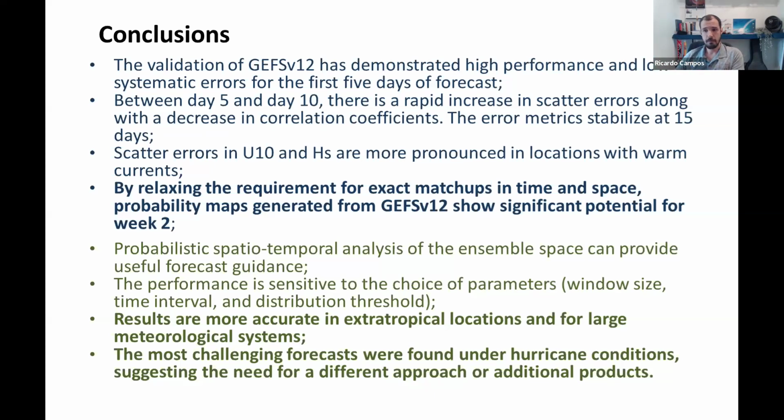But we are working on separate approaches and models for these conditions. So HAFS, the Hurricane Analysis and Forecast System, is a model dedicated to this type of problem, and we don't expect GAPS to be the best under these conditions.